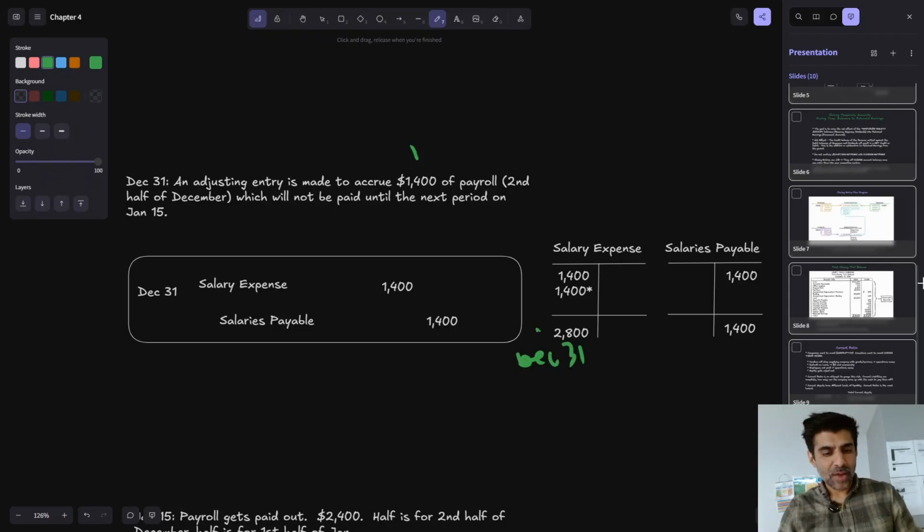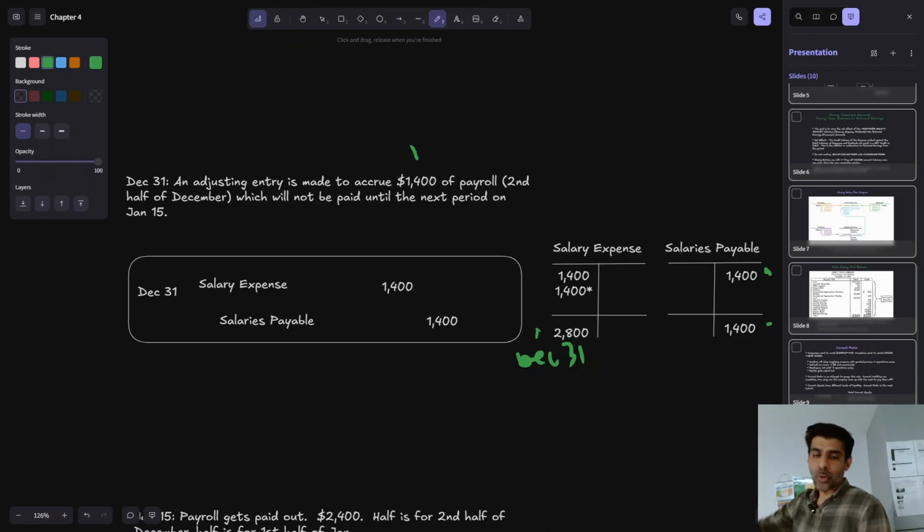We correctly have the salary expense, and we have this liability, the salaries payable. So now at our December 31st cutoff date, our financial statements will be totally correct. We have all the correct expenses. We're showing that this payable exists to our workers, and so our balance sheet is going to correctly show our liabilities and our expenses.